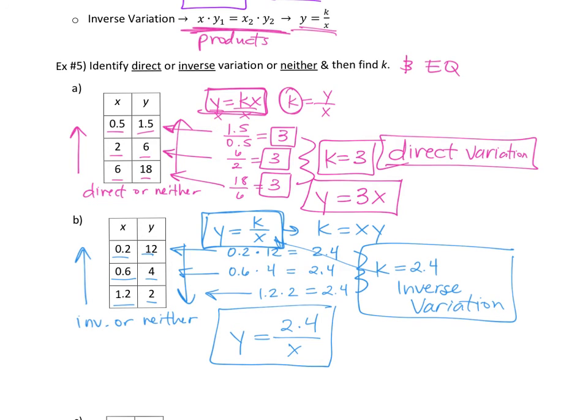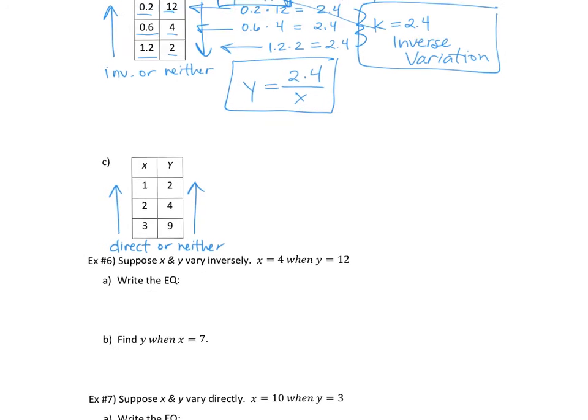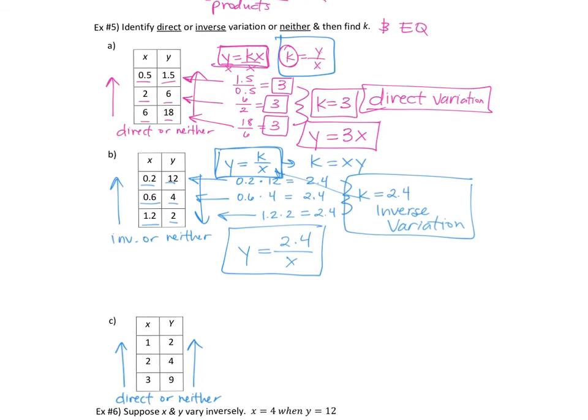All right, next one. When you look at this one, 1, 2, 3, our numbers are going up. 2, 4, 9, our numbers are going up. So this is either direct variation or neither. Okay, and then recall what we did up here with direct variation, right? We plug it into y over x to see if they're the same.